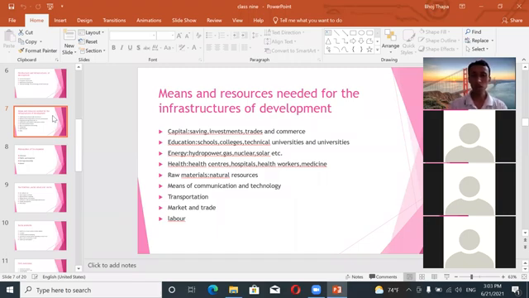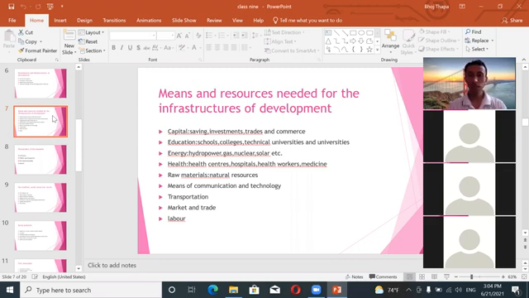One thing I would like to recall, which we studied in grade 8: there are commonly three resources needed for development: human resources, natural resources, and financial resources. Have you read these things in grade 8 or not, Ashika? Yes, sir. Okay, very good.